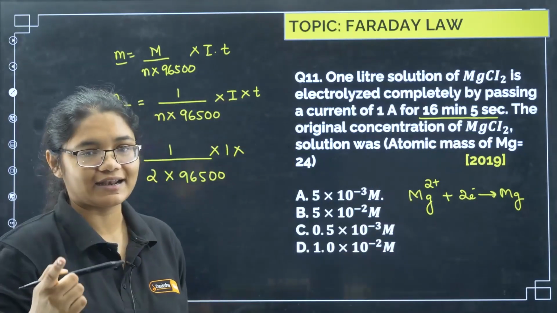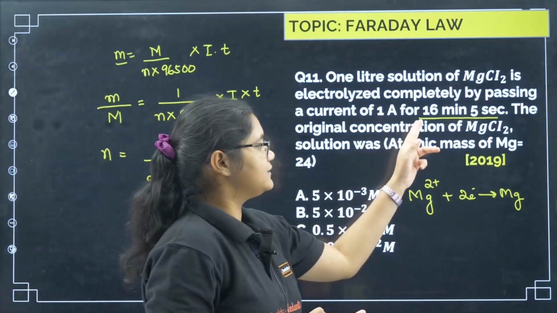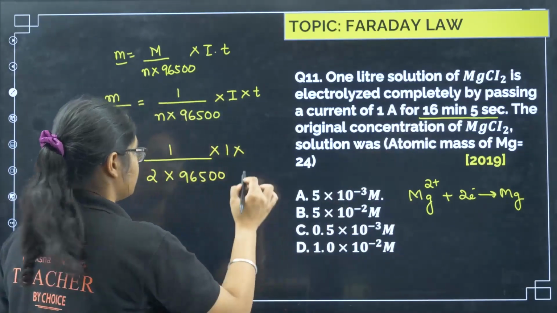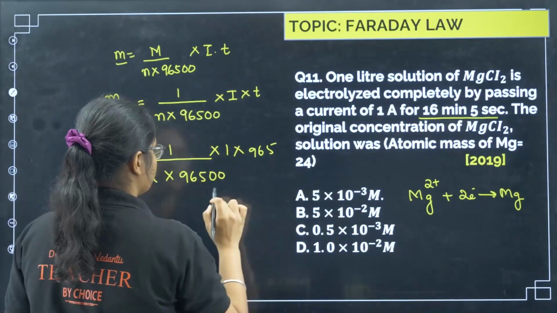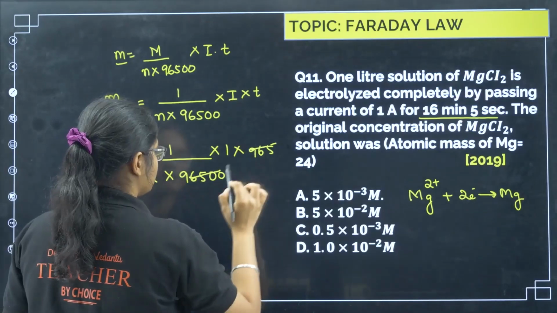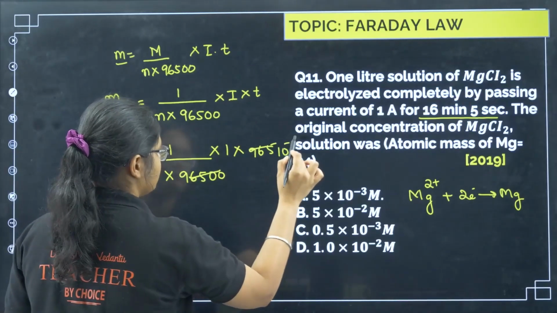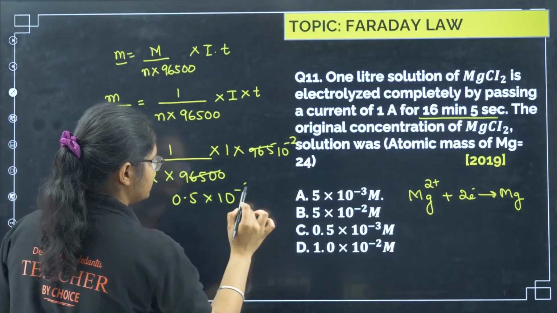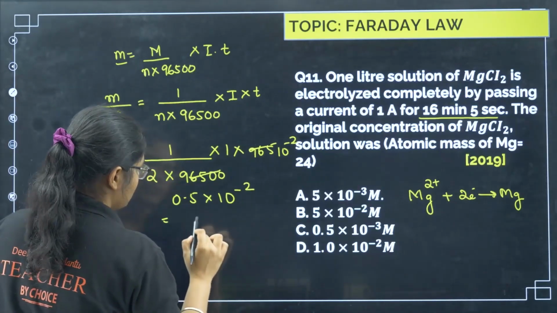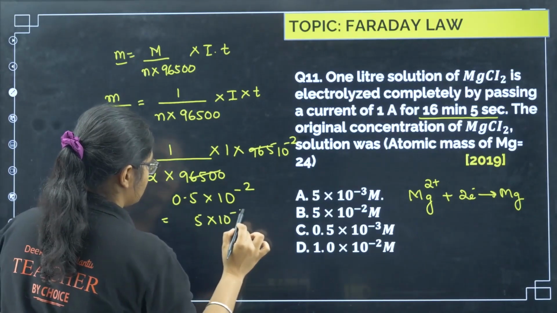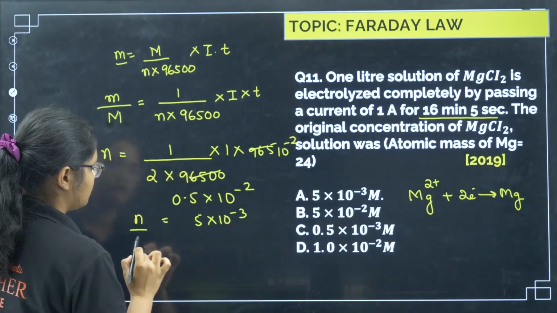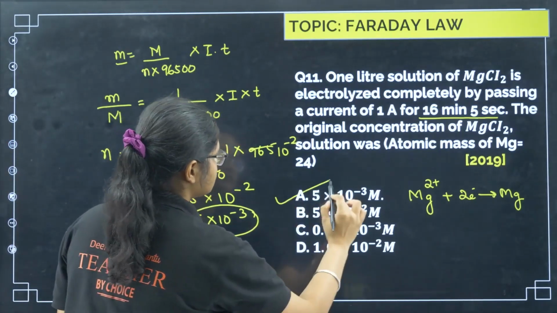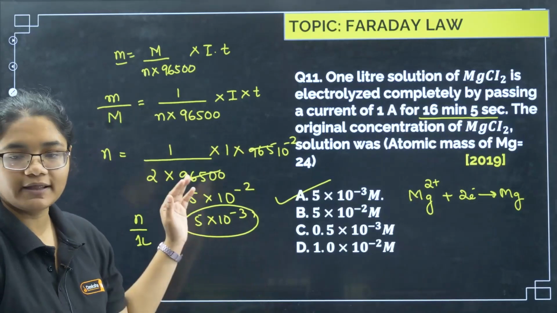So 16 6s are 96, right? 16 into 60, so 960 plus 5, 965. So I have 965. So I can have this one as 10 to the power of minus 2 and 0.5 into 10 to the power of minus 2. So I can write it as 5 into 10 to the power of minus 3. So what is the number of moles in 1 liter of the solution? 5 into 10 to the power of minus 3. So concentration will be option number A here.